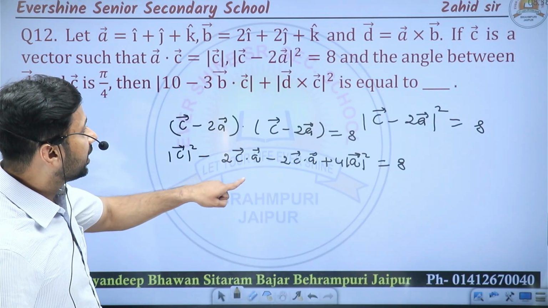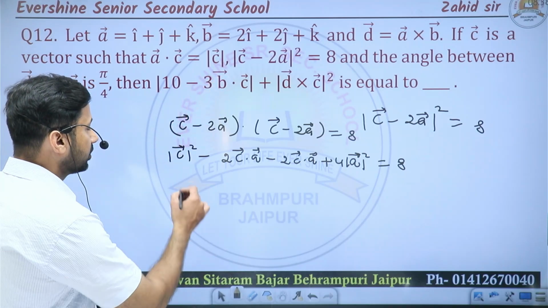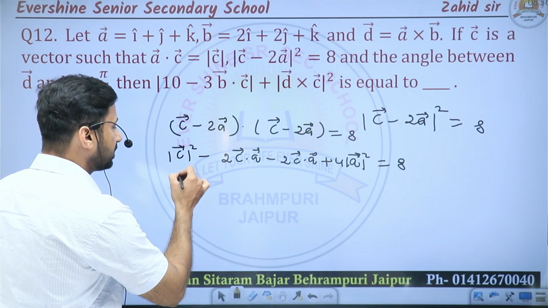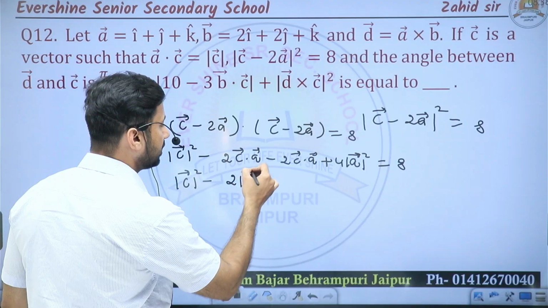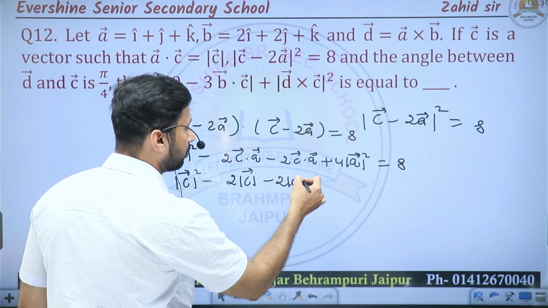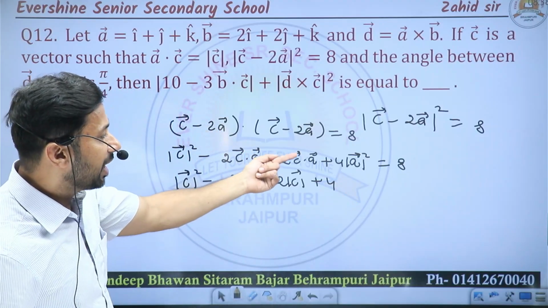Now C dot A is given as mod of C. So I can write this as mod of C square minus 2 mod of C minus 2 mod of C plus 4 times square of magnitude of A.